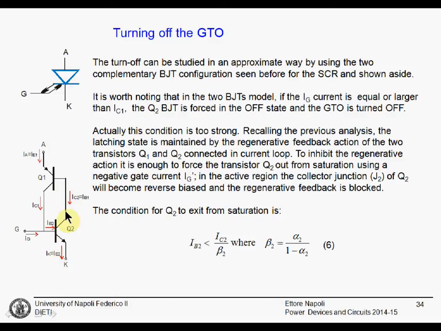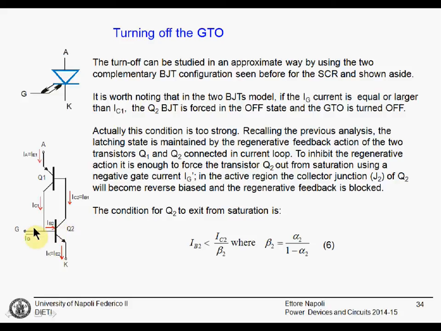This large collector current is actually the base current for this BJT that in the same way amplifies this current and provides a very big base current to this device. They will work together, bringing one and the other in hard saturation, and the device is on.